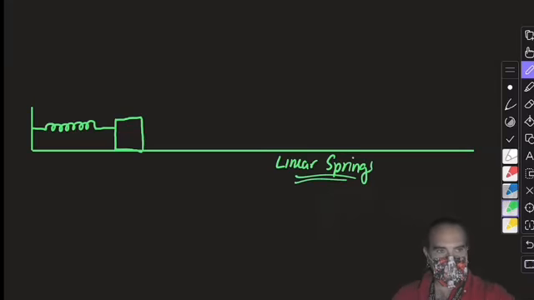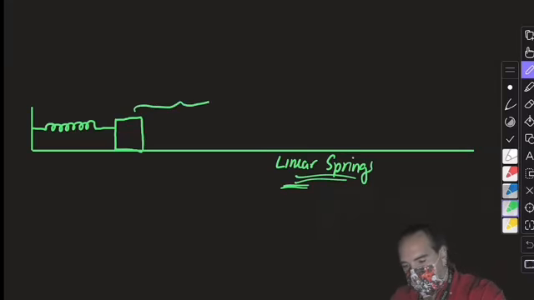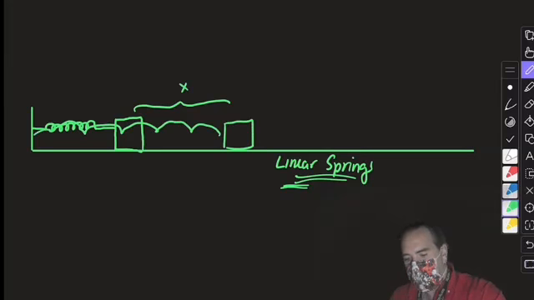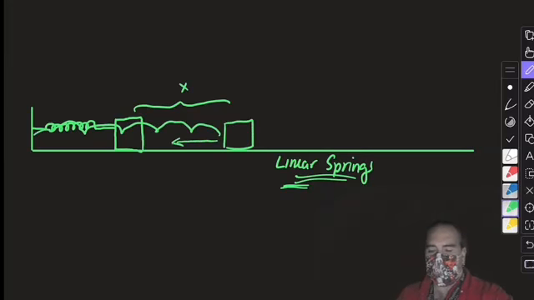What makes it linear is that the restoring force is proportional to how far the object has been stretched. What that means is, if I stretch the spring a distance x, the spring looks like this, because it's been stretched out. The spring is going to pull back with a force that is proportional to how far it's been stretched.